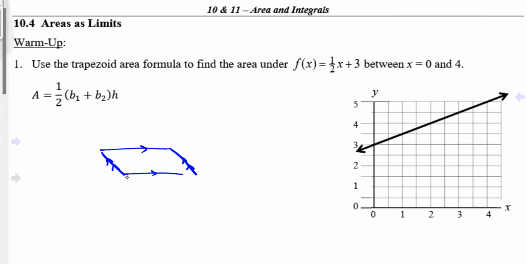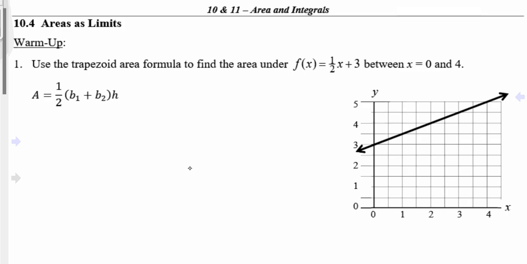But I would say it's kind of like square and rectangle. Every square is a rectangle, but not every rectangle is a square. Similarly, every parallelogram, I would say, is a trapezoid, but not every trapezoid is a parallelogram. Okay, so that's where I fall on this not very hot debate.